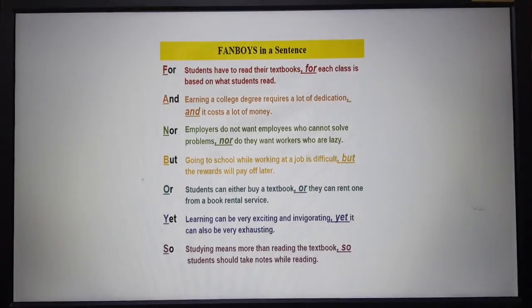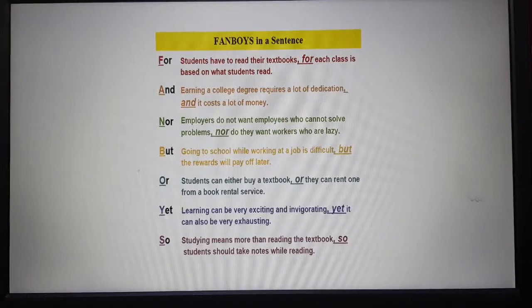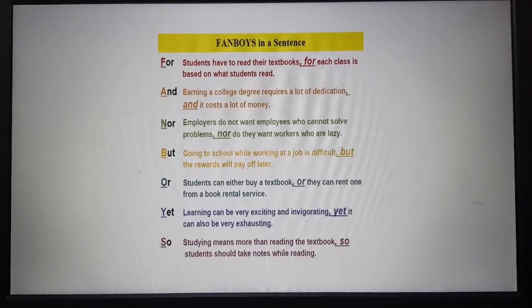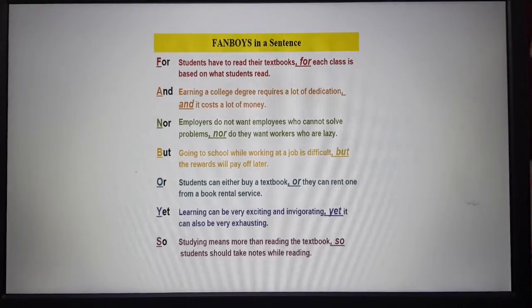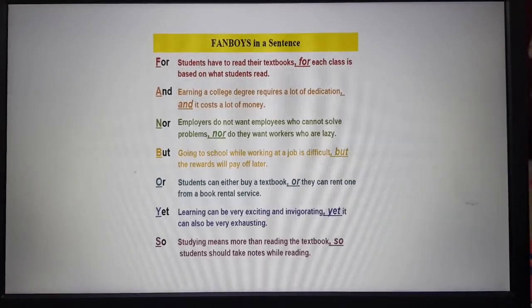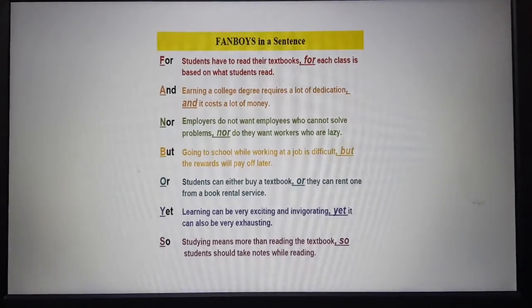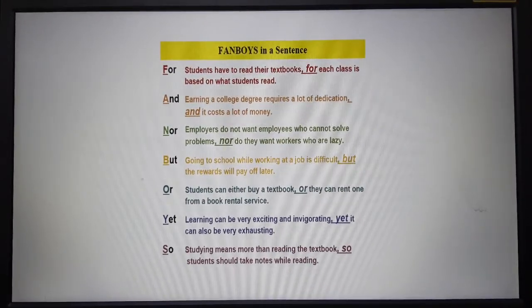So how can you use FANBOYS in a sentence? Students have to read their textbooks, for each class is based on what students read. Earning a college degree requires a lot of dedication, and it costs a lot of money. Employers do not want employees who cannot solve problems, nor do they want workers who are lazy.